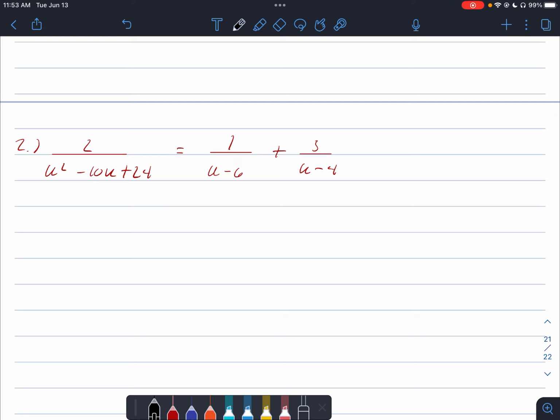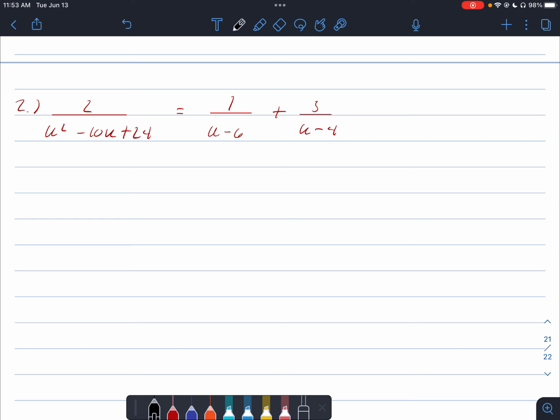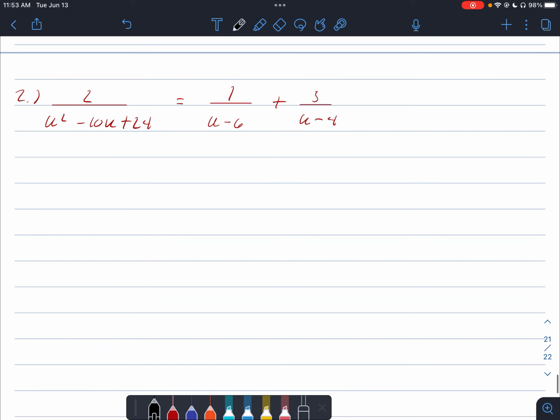To factor this denominator, we want to see which two numbers will multiply together to give us 24 and add to give us negative 10. With these problems, most of the time this will factor into u minus 6 and u minus 4, but really it would be whatever we have on the right-hand side. You should always double check that, because there may be an instance where that is not the case.